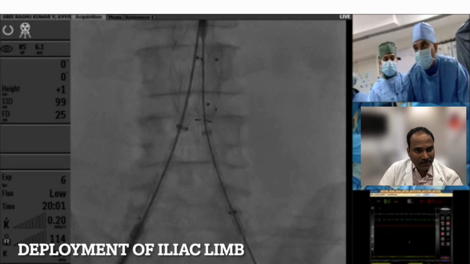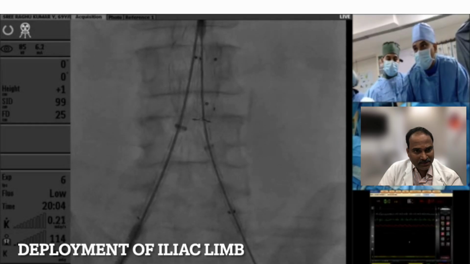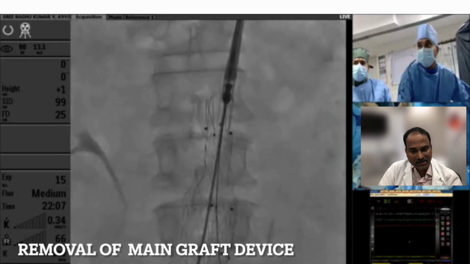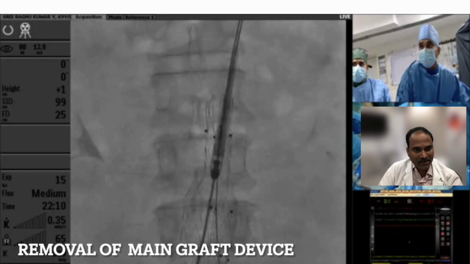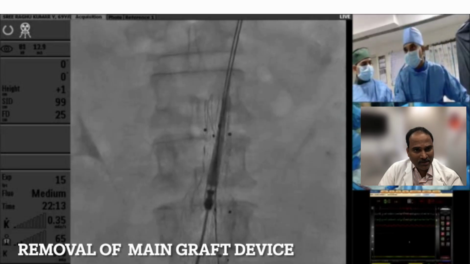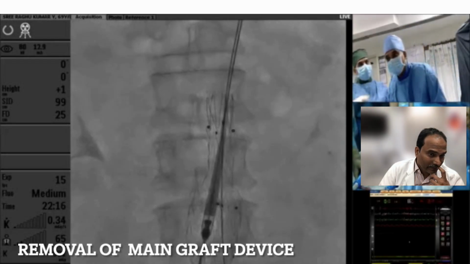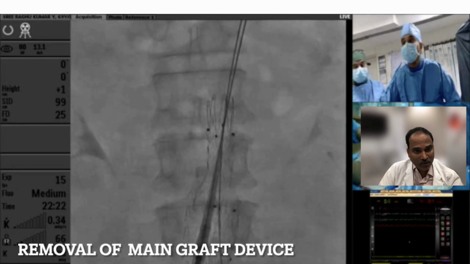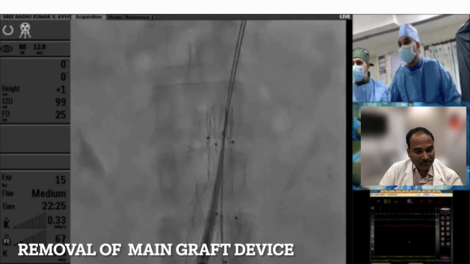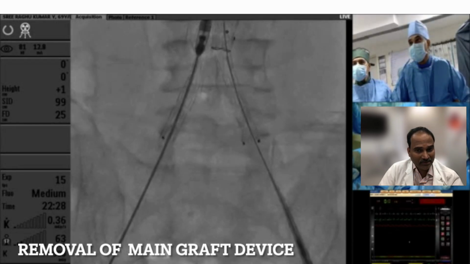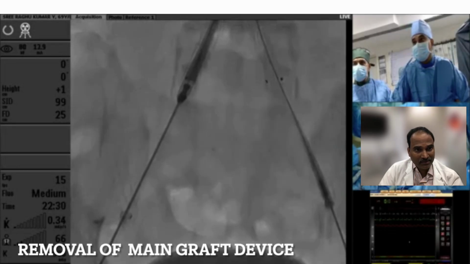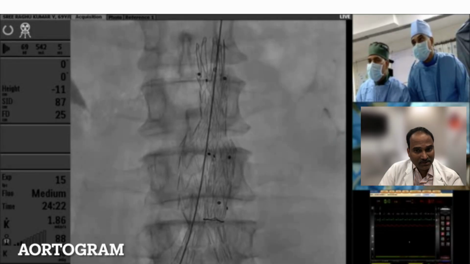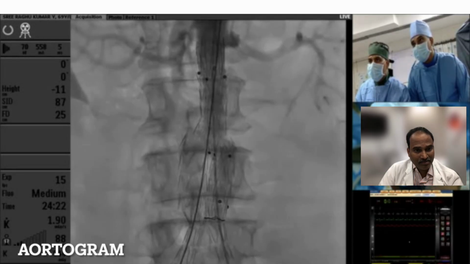Once the left extension was deployed, we deployed even the right main graft completely, and then after recapturing the nose cone, we pulled the main graft sheath out, followed by placement of the 14 French sheath to the right punctured side for subsequent ballooning, and on the left side also we removed and placed a sheath.